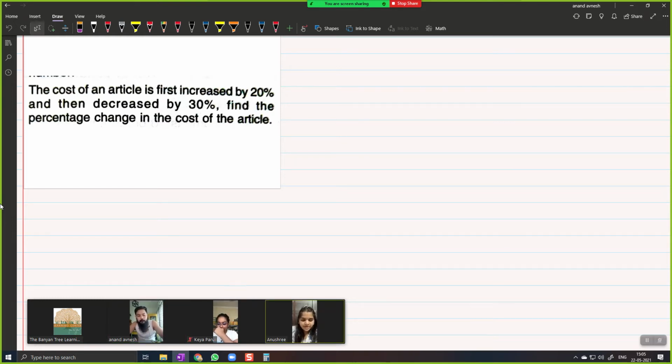So first we'll write, let the x be the cost of an article. But here they didn't give the cost of the article. So you can take it as x, but how to rephrase the statement?